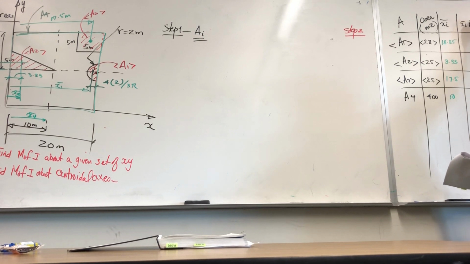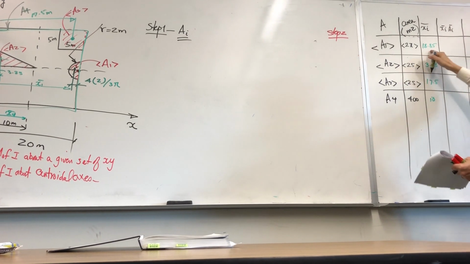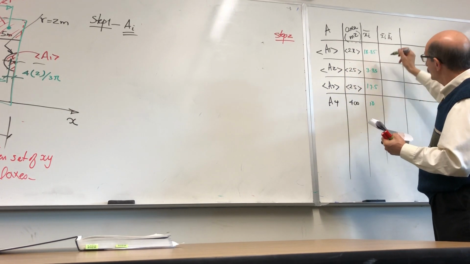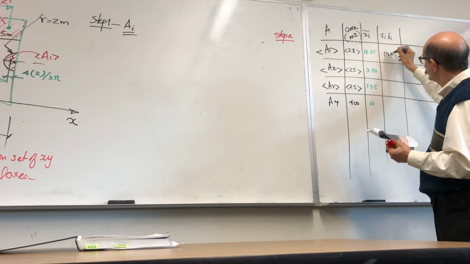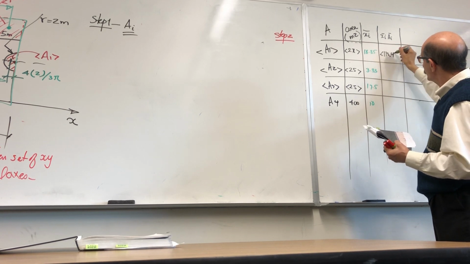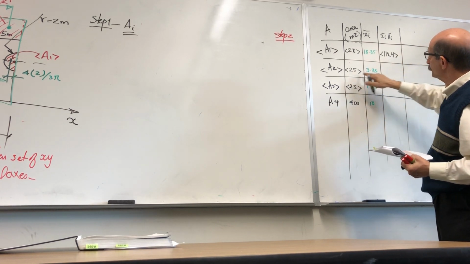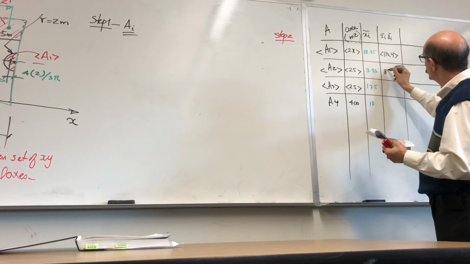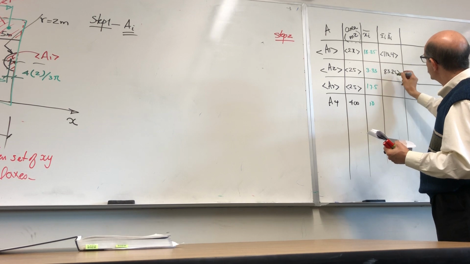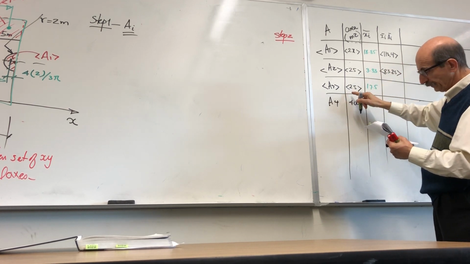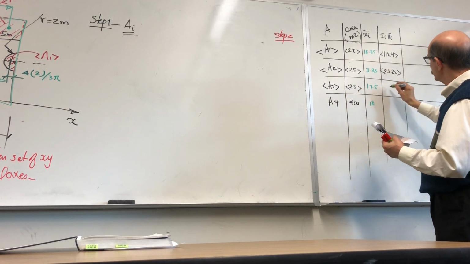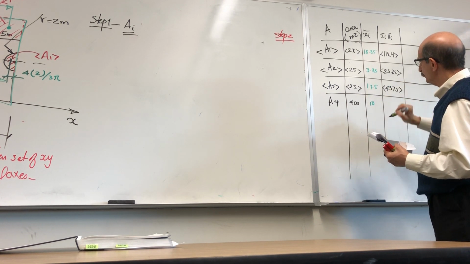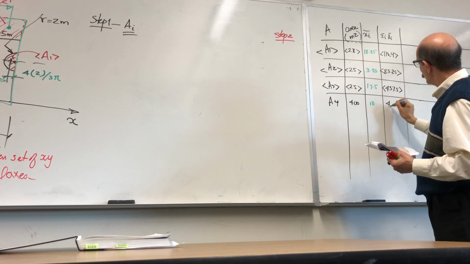So the next column was what? Ai xi, right? So it would be this times that for all of them. I'm going to write them down again. 118.4, and that is negative. 33 times 2.5 would be 83.25, negative. 17.5 times 25 would be 437.5, negative. This times that, 4,000.